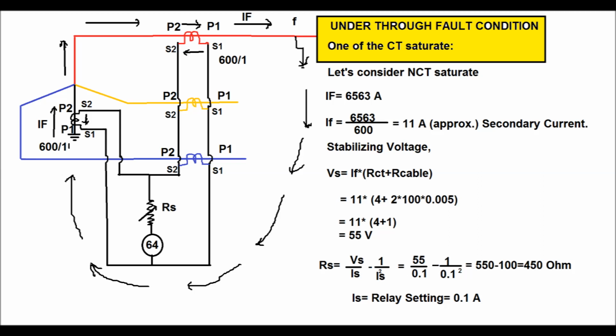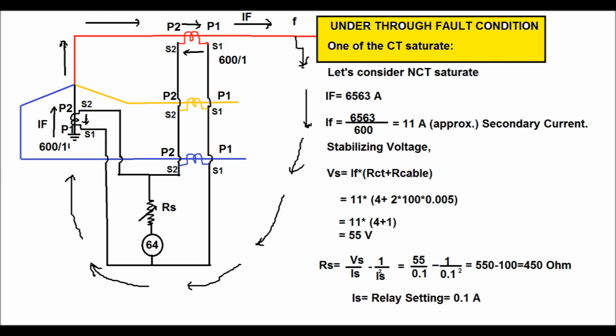Since the cable length is 100 meter one way, and a go and return cable is used, the cable resistance will be 2 into 100 into 0.005, which comes as 1 ohm.